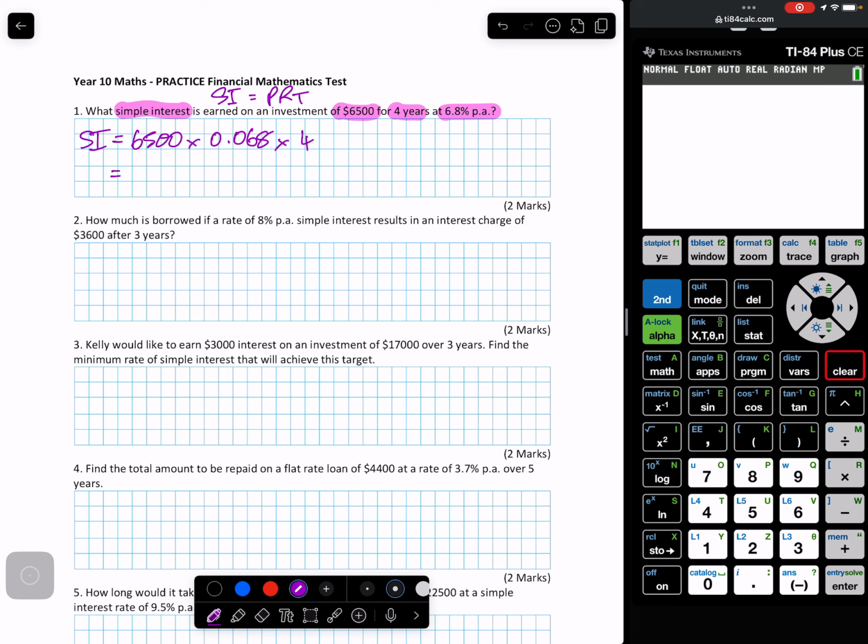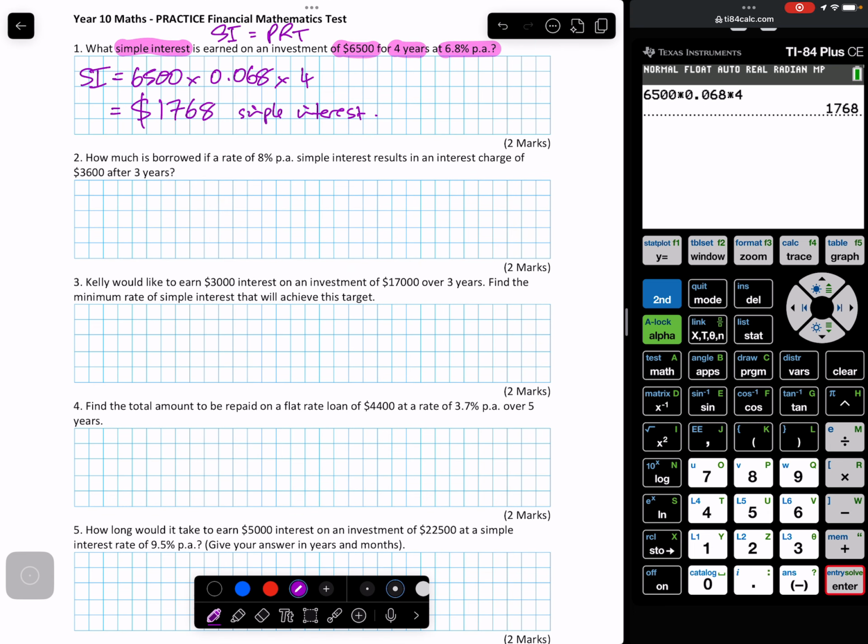So calculator, 6,500 times by 0.068 times by 4 is 1768 simple interest.